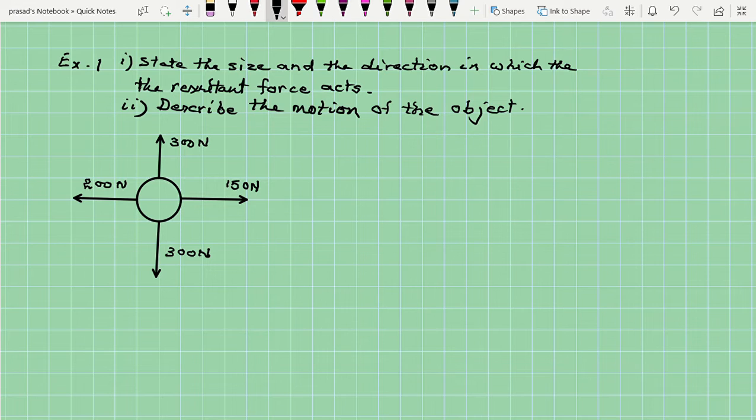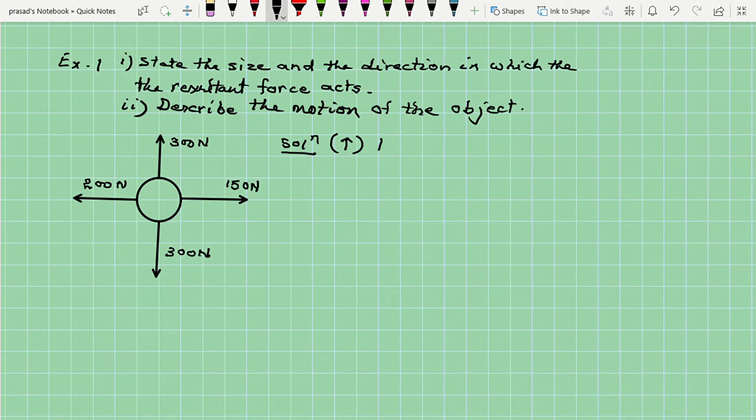So no resultant force is acting. And in the horizontal direction, suppose the forces are not equal, so take the larger force as positive and the force in the opposite direction as negative. So let us see the solution of this.